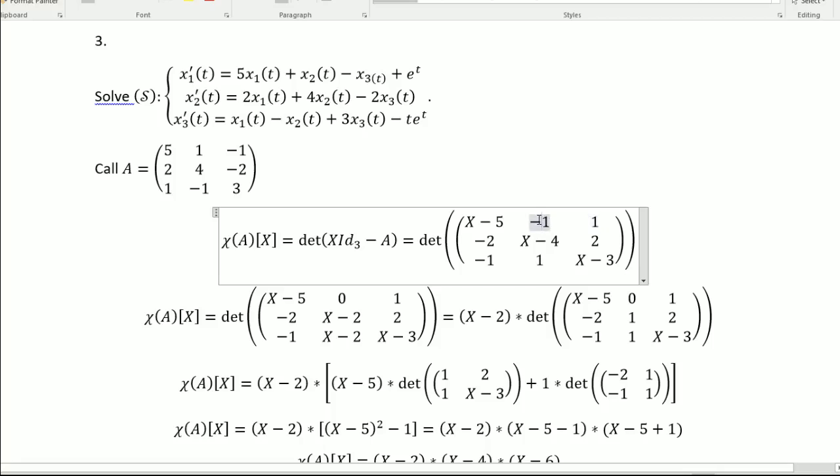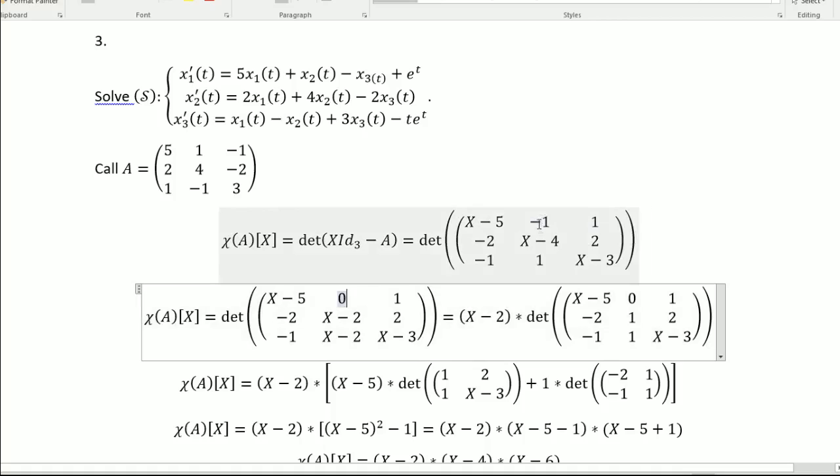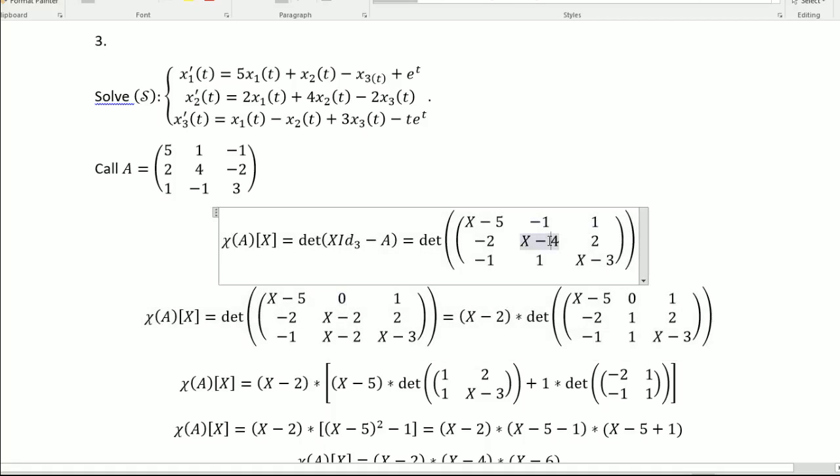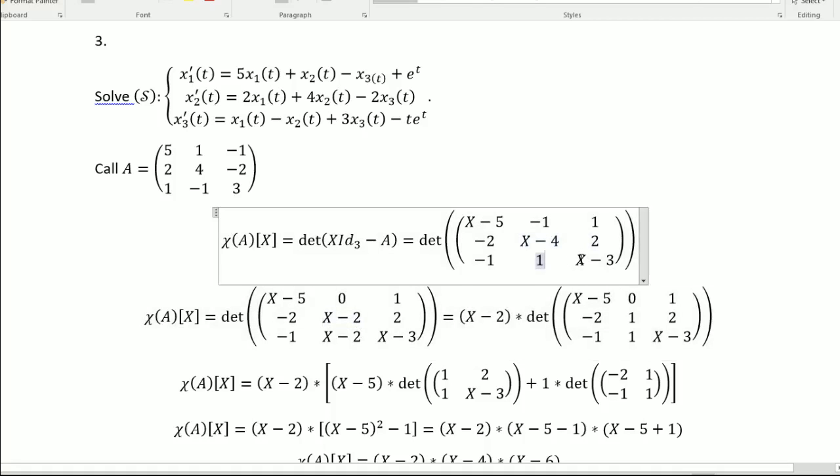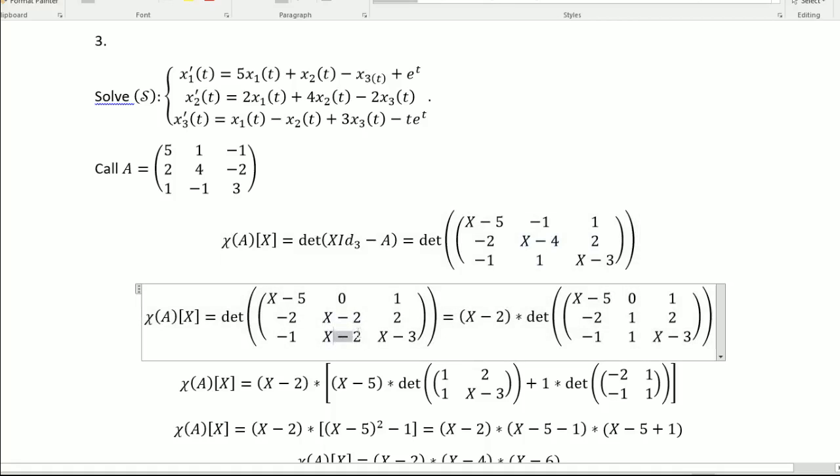So what I will do is add column 2 with column 1, and I will store that in column 2. So I do that operation: -1 plus 1 equals 0. x minus 4 plus 2 equals x minus 2, and 1 plus x minus 3 equals x minus 2.